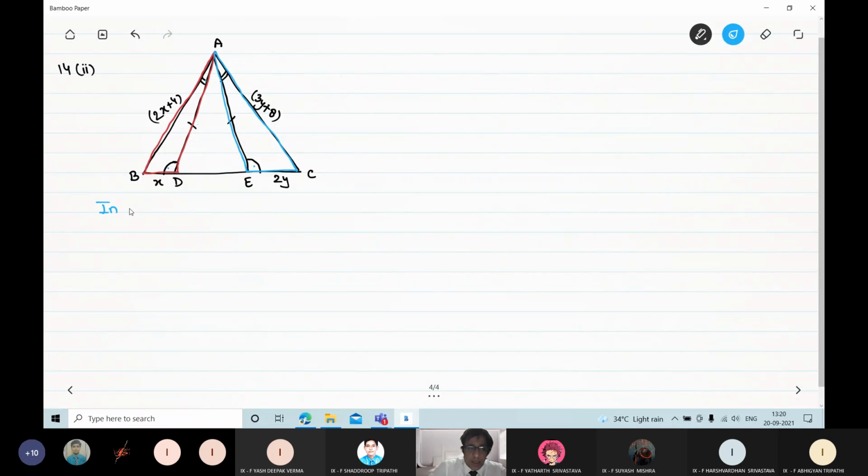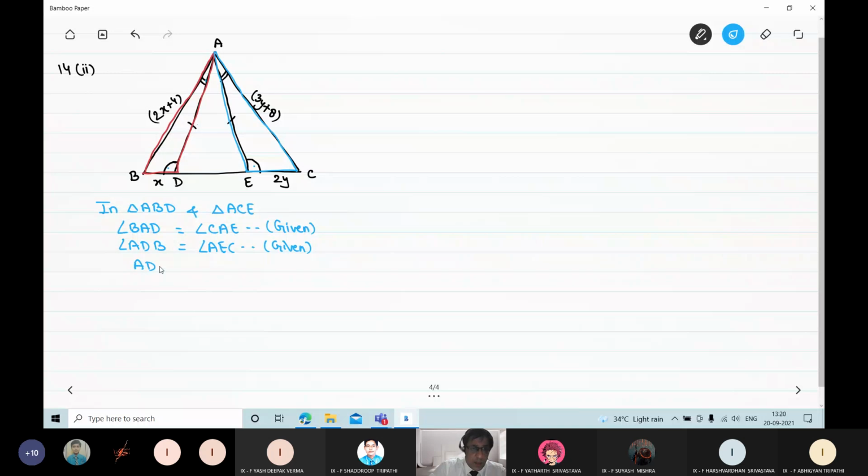So we can say that in triangle ABD and triangle ACE, angle BAD will be equal to angle CAE, that is given to us. Angle ADB will be equal to angle AEC, which is again given to us.